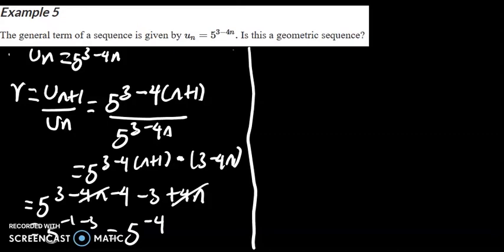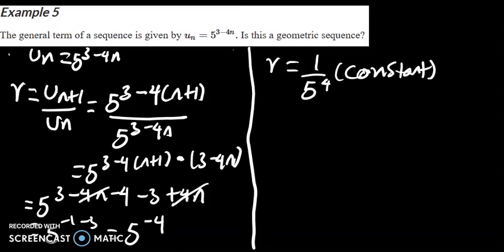So since r is a constant, this is said to be a geometric sequence.